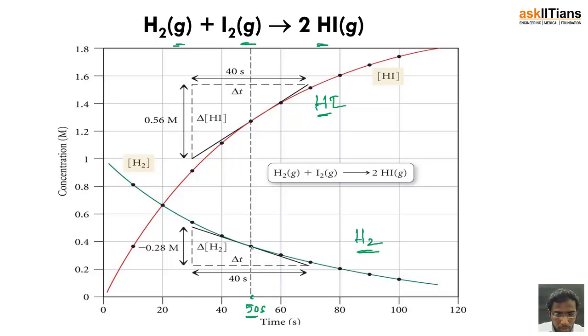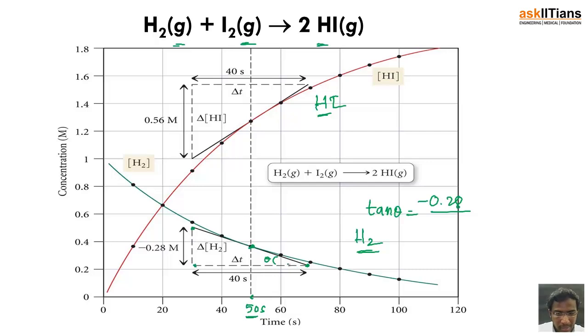So what I will do is, on this curve at this point I will draw a tangent line, and the tangent is extended, and the slope of this tangent is simply tan theta. So tan theta will give the slope of the tangent, and tan theta is this change in concentration, minus 0.28, divided by this, say 40 seconds.